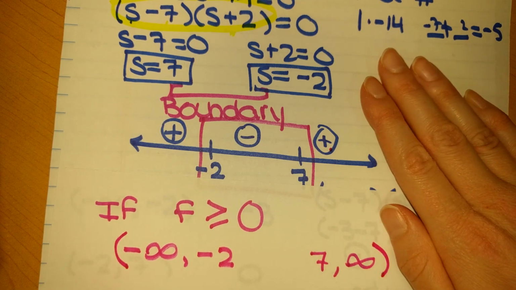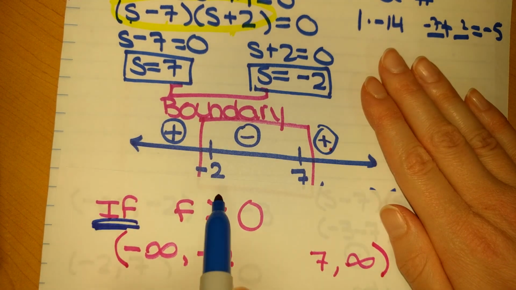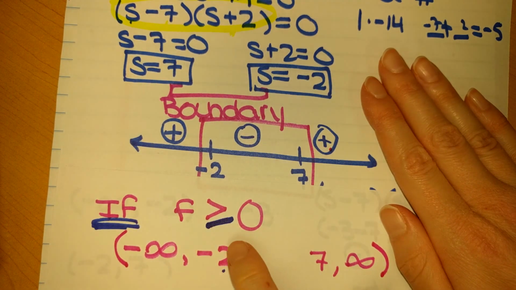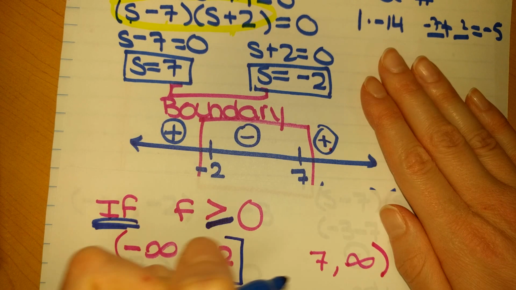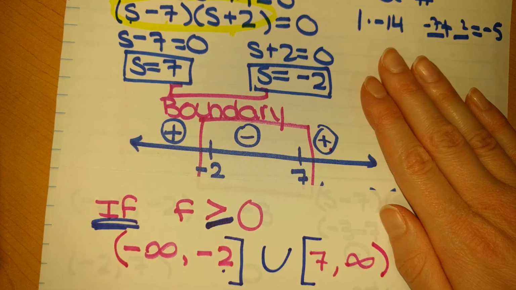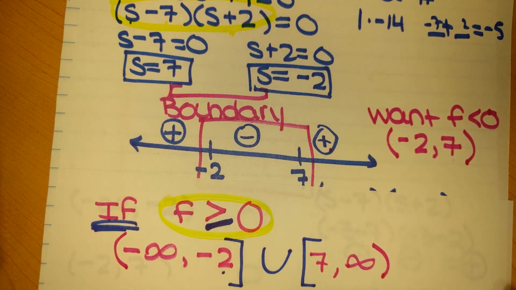They have to have the parentheses. But the finite numbers could potentially have a parenthesis or a square bracket. So if the question had been greater than or equal to, then because of that equal to, I would not put a parenthesis here, even though in the table it has a parenthesis. I would put a square bracket and a square bracket with a union. And that would be my answer if the question was f greater than or equal to 0.